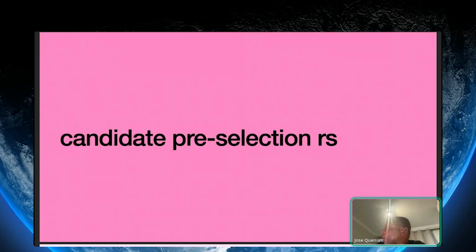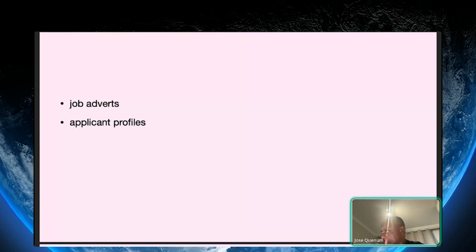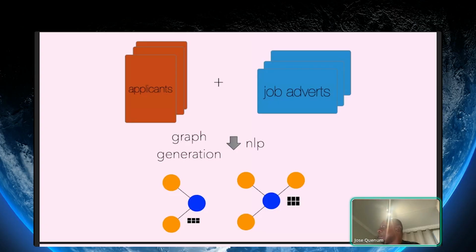In our case, our focus was to develop a recommender system for candidate pre-selection in a recruitment process. So we have two essential components, the job adverts that we've collected and the different applicant profiles. What we do is use some NLP techniques to extract the maximum information that we can from those two pieces of data, and then construct a heterogeneous graph.